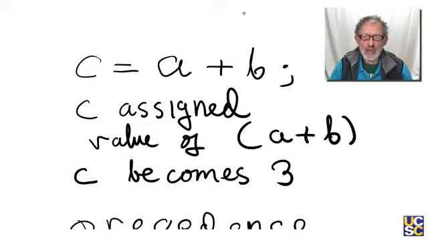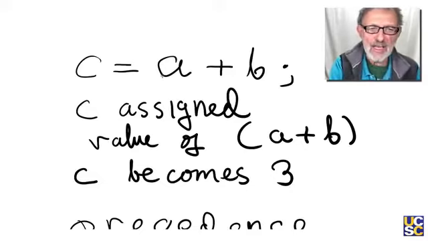So it's signaling what's called a sequence point in the computation. Everything that happens on that line, and then you're finished, and then you go on to the next line. Now, as we know, a was initialized to 1, b was initialized to 2, so we would expect c to become 3.